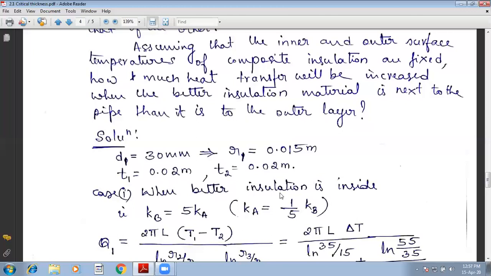Now when better insulation is placed inside, if we consider these two materials as A and B, the thermal conductivity of material A is Ka and the thermal conductivity of material B is Kb. Now I can write Kb is equals to 5 times of Ka because it is given in the problem. The thermal conductivity of one is 5 times that of the other. Or I can write Ka is equals to 1 upon 5 times of Kb.